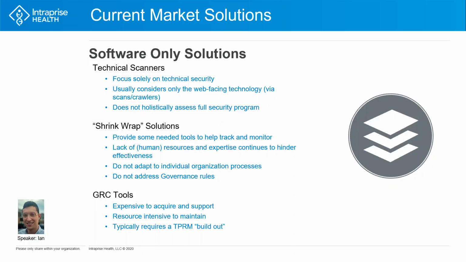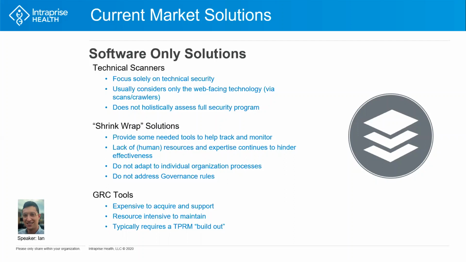So these would usually only consider the web-facing, external-facing technology using scans and crawlers, and don't necessarily holistically assess the full security program. In that instance, I'm speaking directly to things like policies, processes, and really just kind of the whole culture of security that a vendor might be attempting to cultivate.